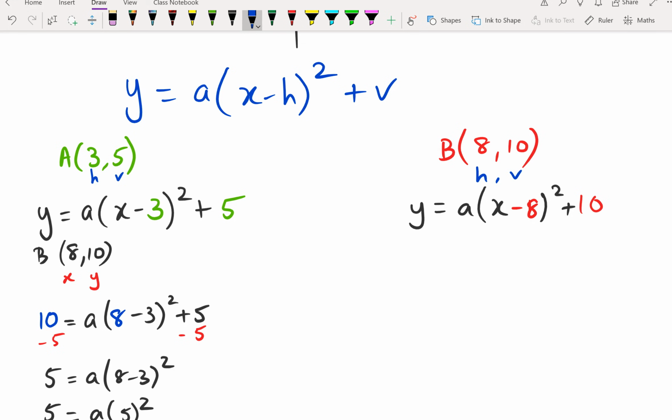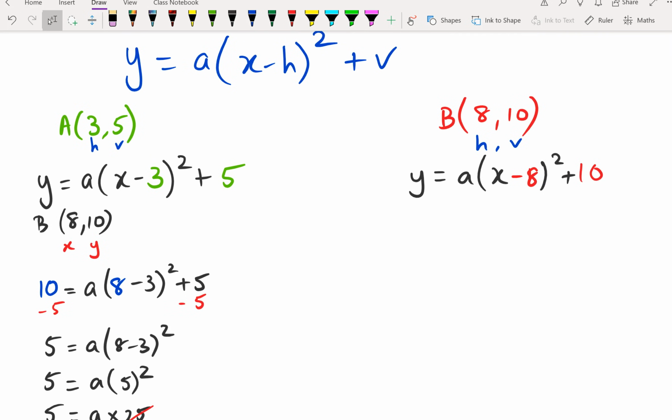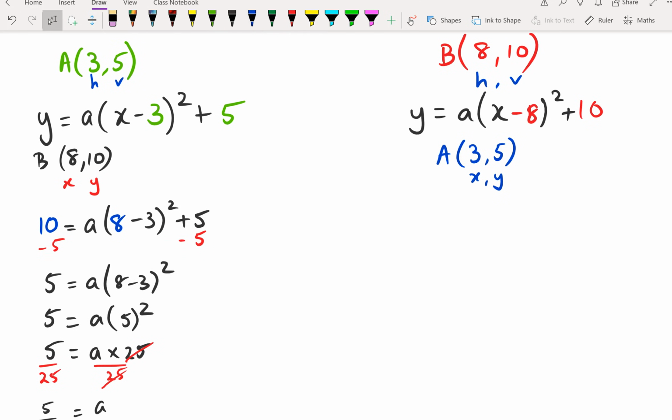The next thing is I have to use the other point to figure out what the A value is. So I'm going to use point A, which was (3, 5). That's what the x and y values are. So I write down 5 equals A, now x is 3, (3 - 8)^2 + 10.